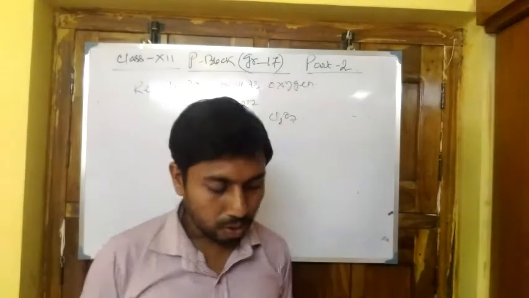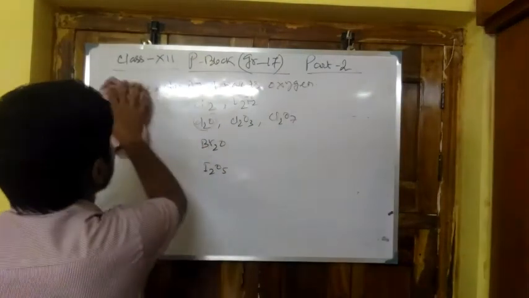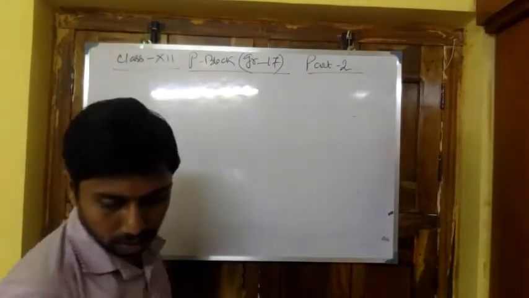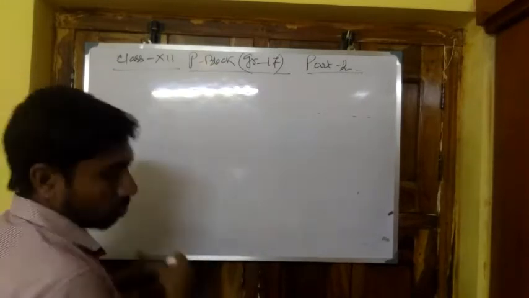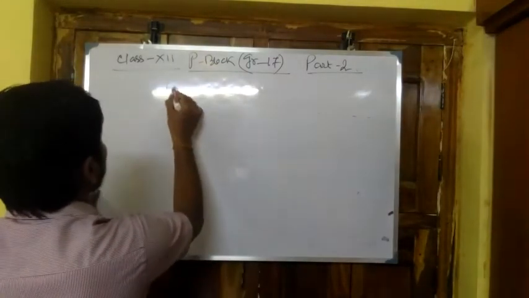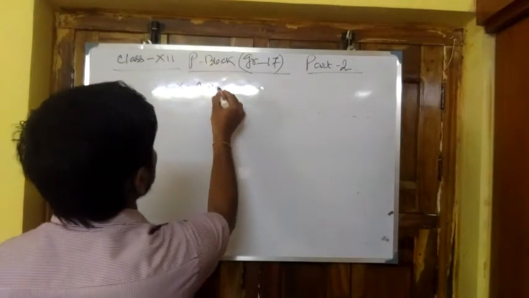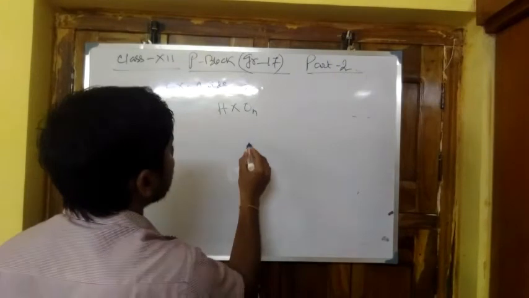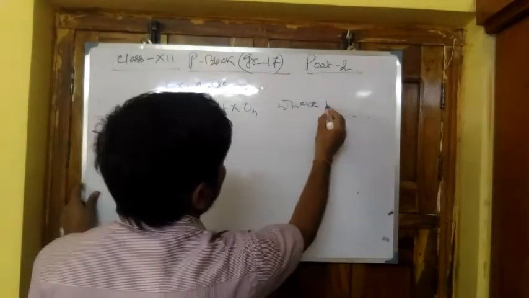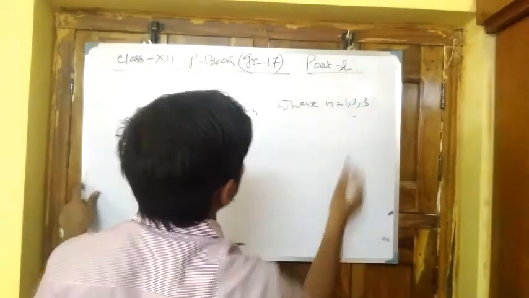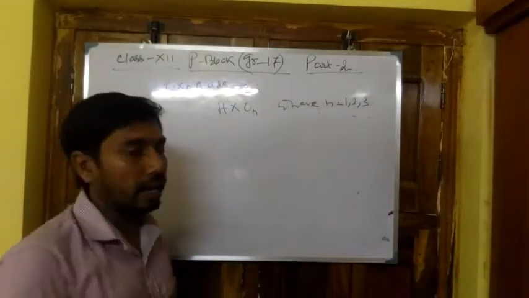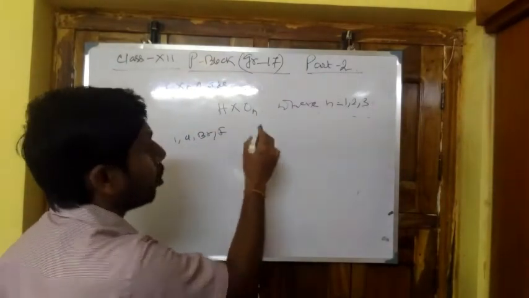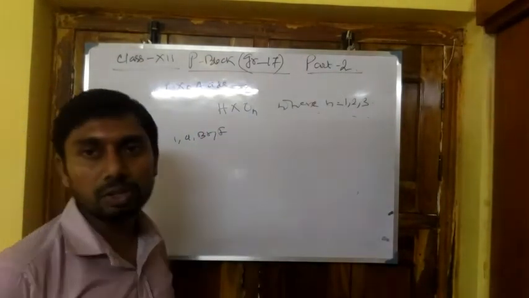Next one is the oxoacids. Oxoacids have the general formula HXOn, where n equals 1, 2, 3. Not all the halogens, that is not all the iodine, chlorine, bromine or fluorine, form oxoacids in all of their oxidation states.